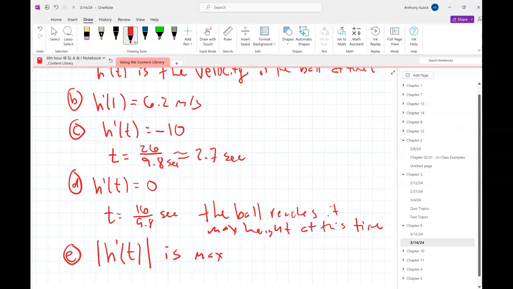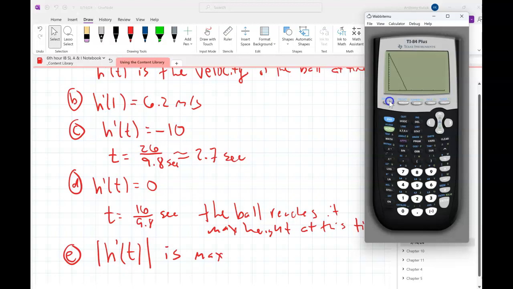Why the absolute value? Because speed is always a positive value, whether it's going up or down. That's what I meant to say. I was unclear.